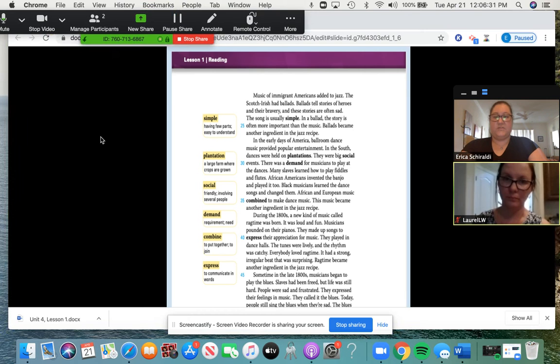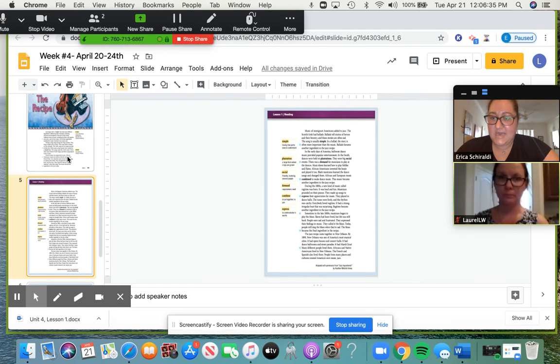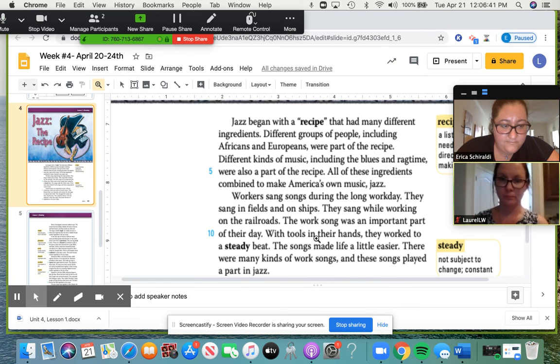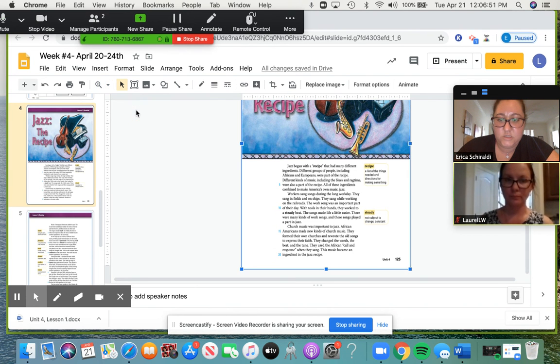And waiting for my screen to go. Thank you guys for being patient. And you could press this, and you could zoom in. Now, if you want to zoom out, you go back, and you press this little arrow, and you make it a smaller one.